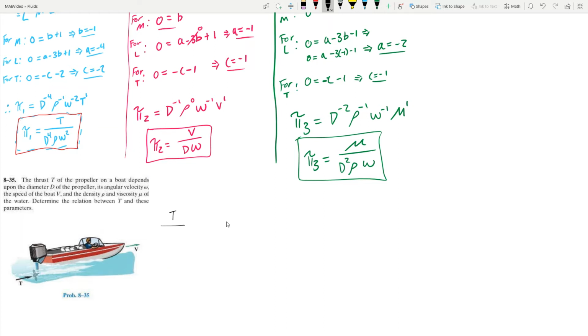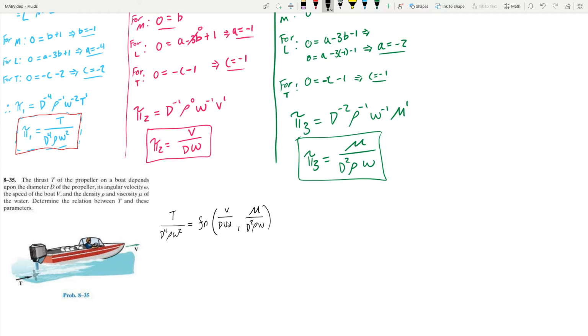So we can say that the first pi group, t over d to the 4th rho omega squared, is equal to some function of the other 2 pi groups: v over d omega, comma, mu over d squared rho omega.